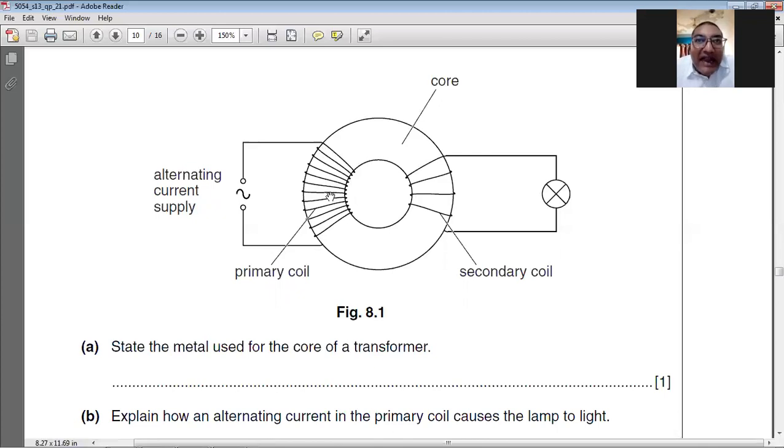The magnetic lines of this electromagnet through this iron core are passing through the secondary coil. And these magnetic field lines are changing in magnitude and direction also. Due to the change in the magnetic flux passing through the secondary coil, an EMF is induced in the secondary coil. And due to this, the lamp lights up.